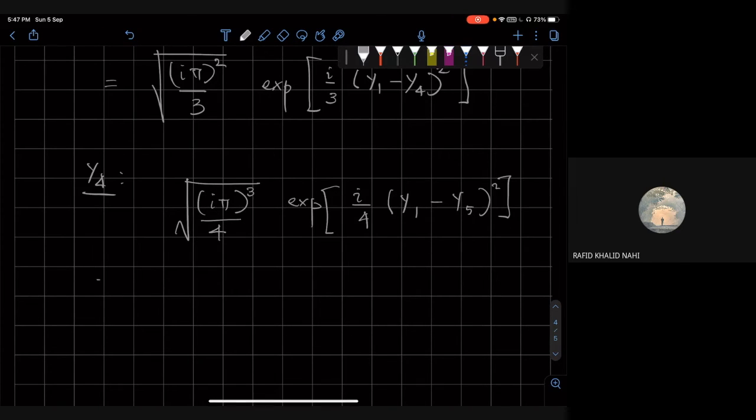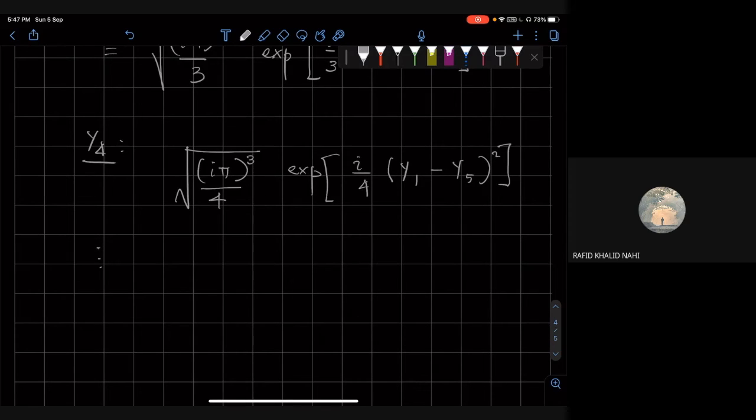So after doing the y_{n-1} integral, we're going to get i pi to the power (n minus 2) divided by 2, divided by square root of n minus 1.